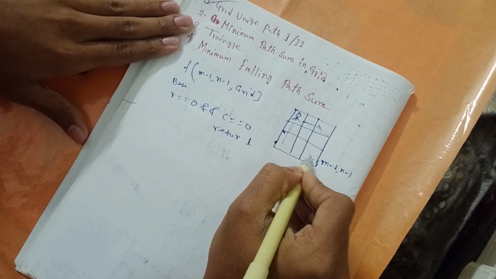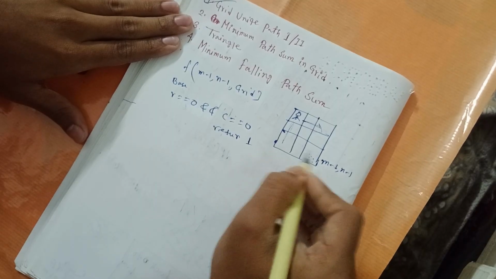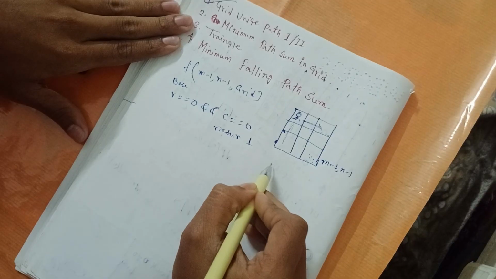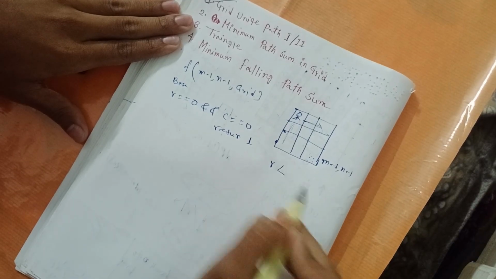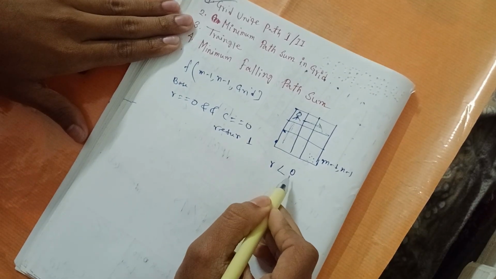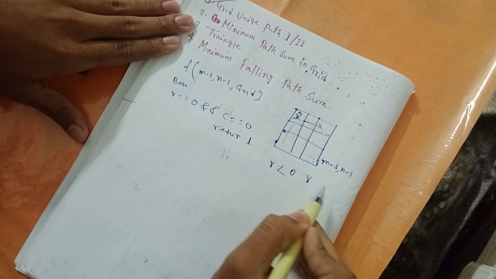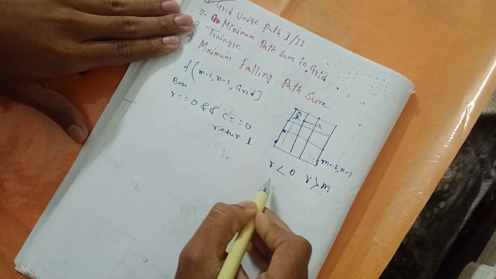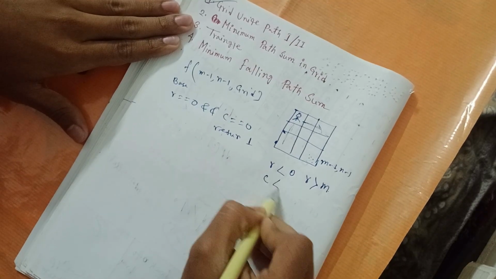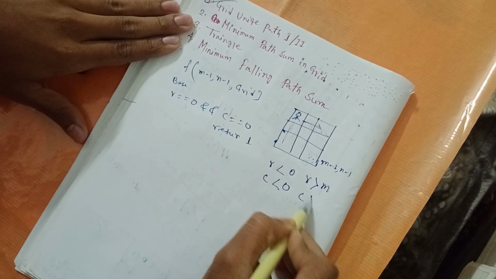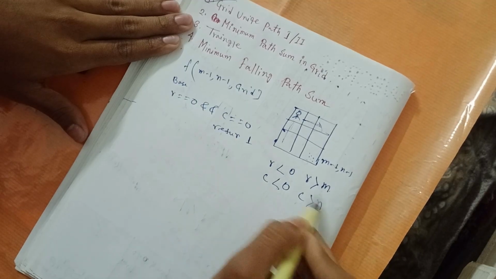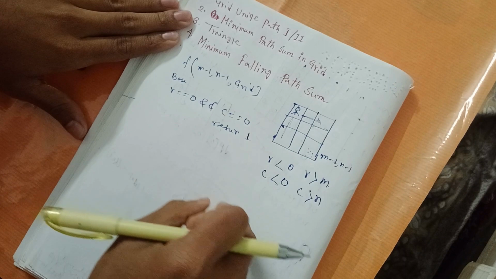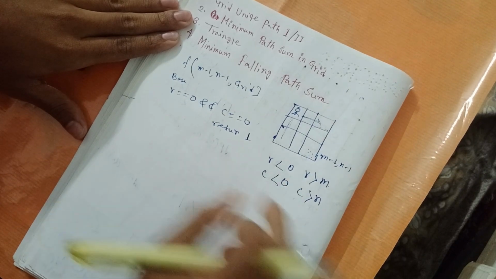If at any time you cross the boundary, meaning my row is less than 0 or r is greater than m, then you have crossed the boundary. Or if my column is less than 0 or column is greater than my column size, then you have reached the boundary. So when you reach the boundary, you return 0.